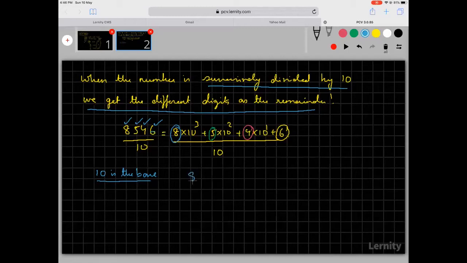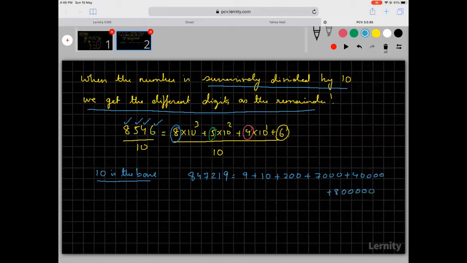So if I say 847219, this is equal to 9 units plus 1 tens plus 2 hundreds plus 7 thousands plus 4 10,000s plus 8 lakhs.